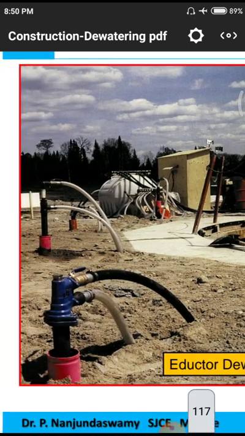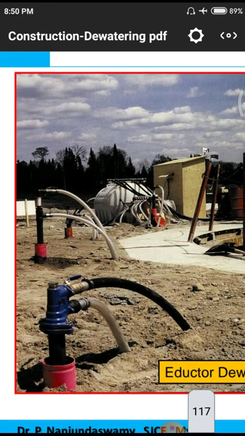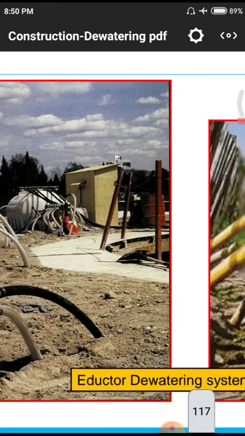This is the ejector dewatering system. Here we are having two kinds of pipes for each borehole. One is the main pipeline for drawing down water. Another pipeline is for creating an excessive amount of pressure. That pressure will be helpful for the drawdown of water at higher depths. In this particular case also, each borehole has two pipeline systems.